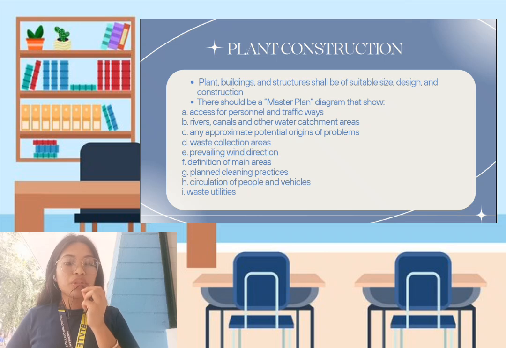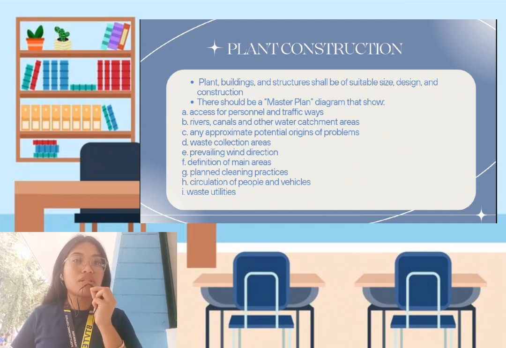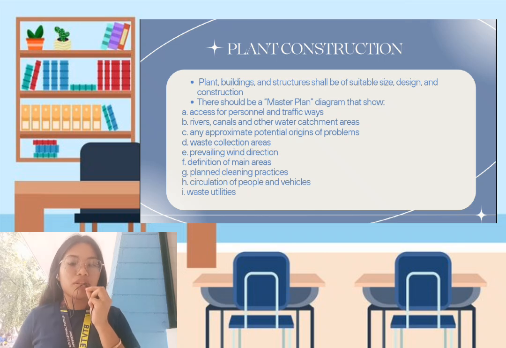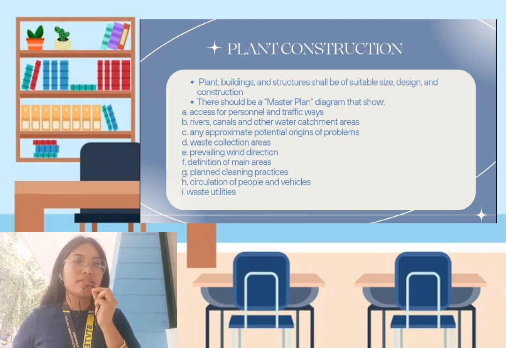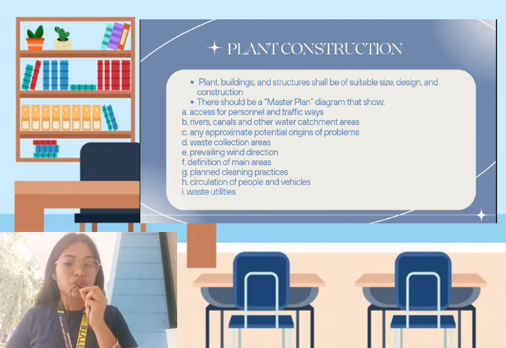It also includes the circulation of people and vehicles, cleaning practices, at yung any potential origin of the problem, kagaya ng mga pabahay or industries na malapit dito. We must understand that master plan is critical to predict kung saan pwedeng magmula yung mga cross-contamination.